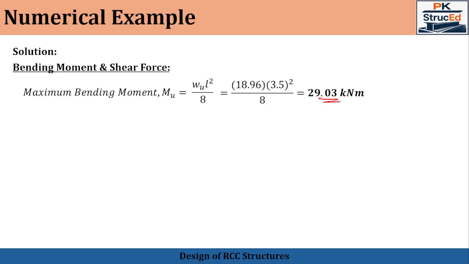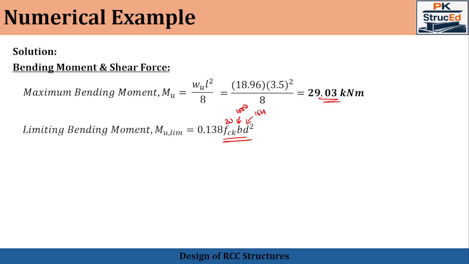This has to be checked against the limiting bending moment of 0.138 fck b d square, in which fck is 20, b is the width of the slab, which we assume as 1 meter, and d is assumed as 154 mm. Substituting all these values, we get the limiting bending moment as 65.45 kilonewton meter.